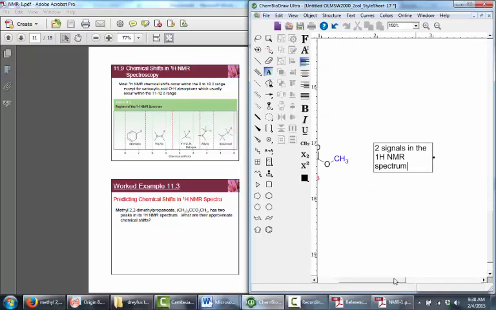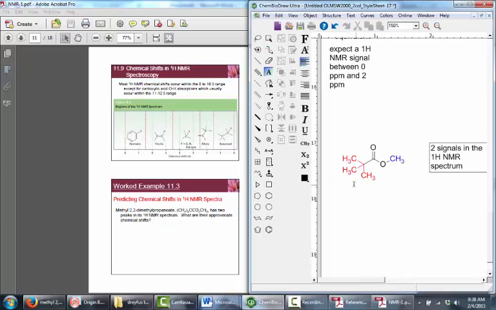And in fact, the area under the curve, under the peaks for each of them are going to be proportional to the number of protons. So one signal can be integrated to 9, and that's going to correspond to the red, integrated to 9 protons.